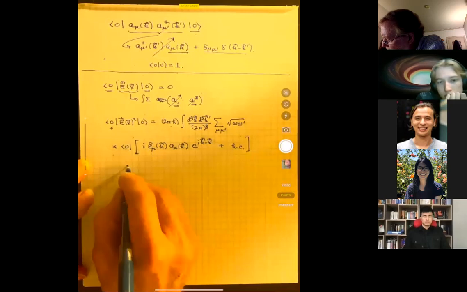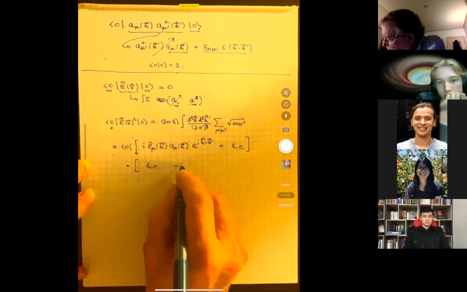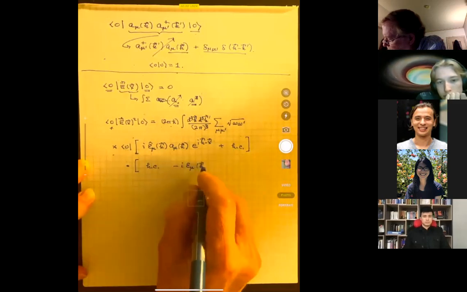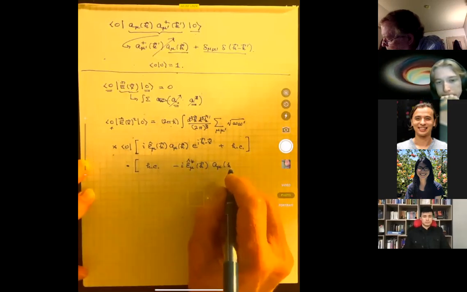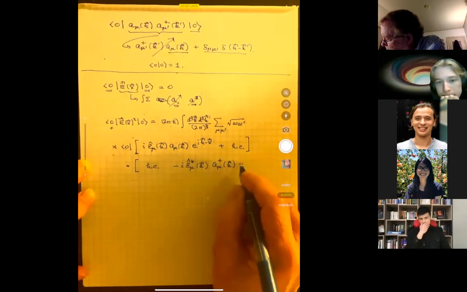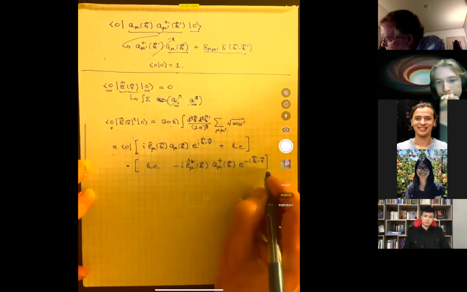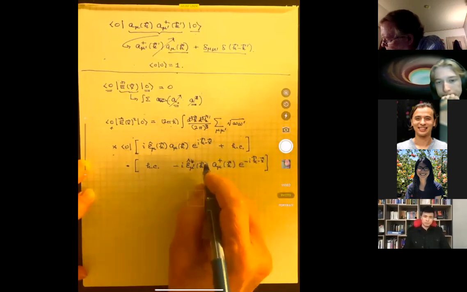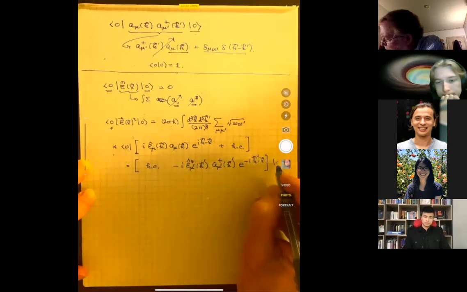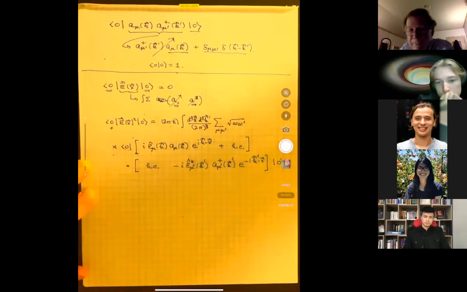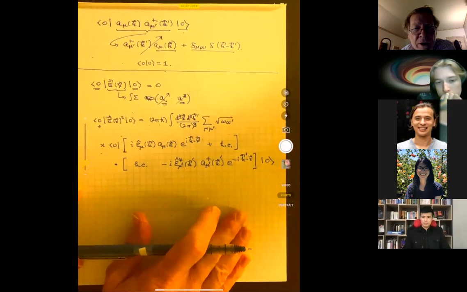And then that gets dotted with, I'll write it as Hermitian conjugate, minus i epsilon sub mu of k vector star times a mu of k vector dagger times e to the minus i k dot x, like that. I better go through here and put primes on the mu's and the k's because this is the second sum. Then I need the vacuum bra over there on the right. All right, this ran off the screen a little bit, but there you go. That's writing out the whole thing in some detail.